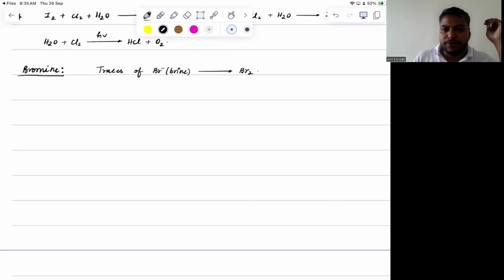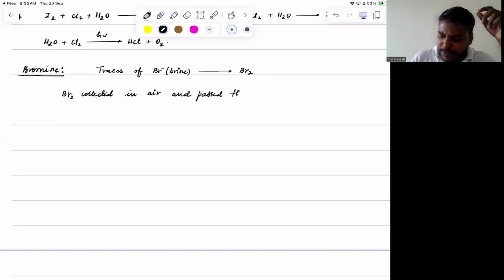Now, what we do, whatever Br2 we have generated is collected in air, and passed through Na2CO3.